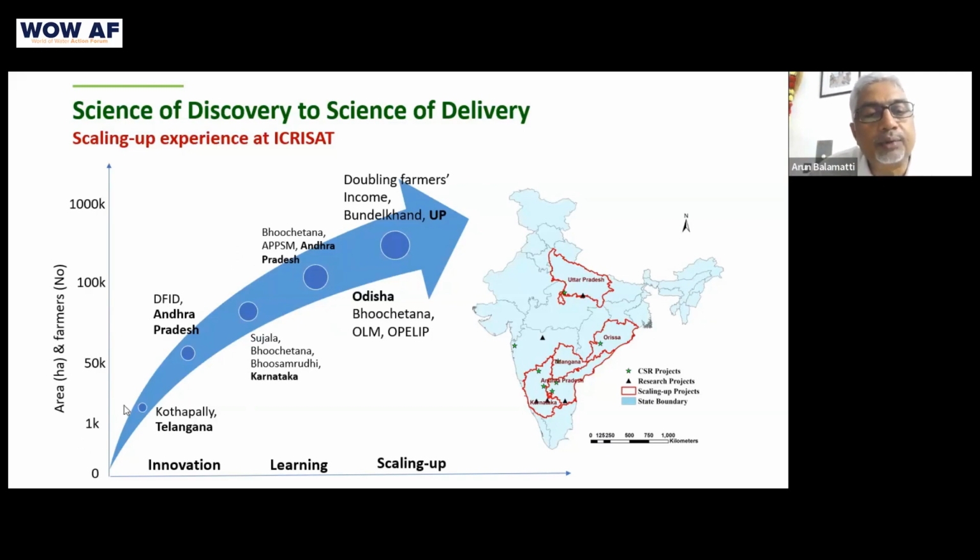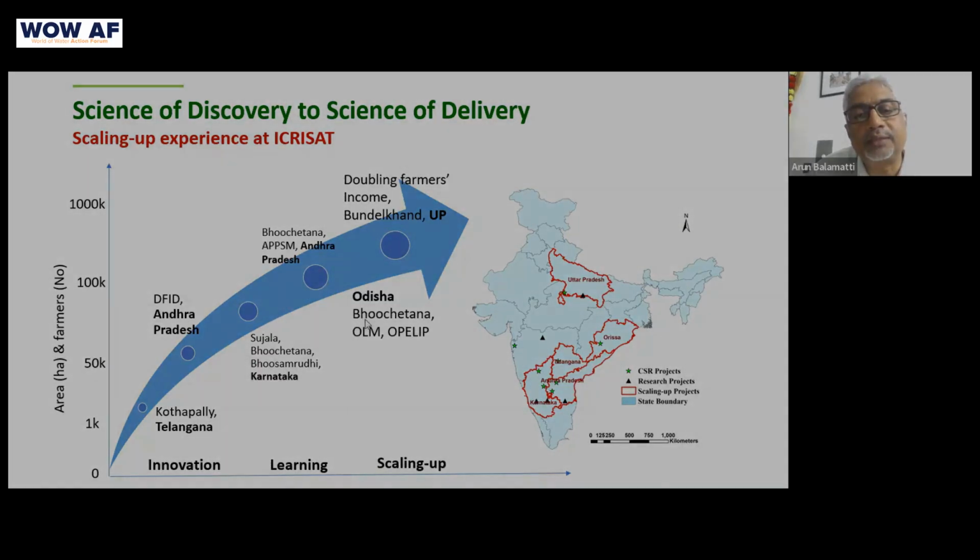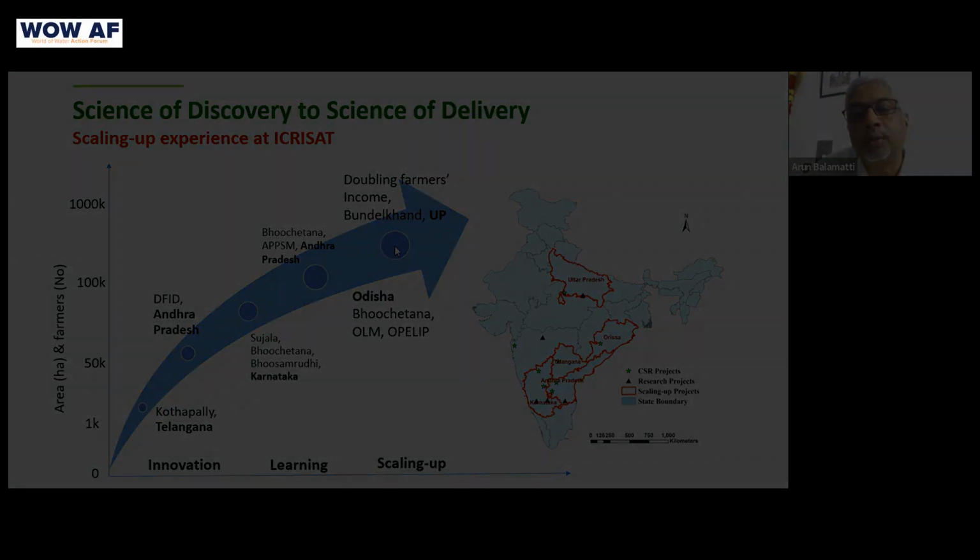Then we got into this DFID funded project in Andhra Pradesh, which gave us an opportunity to work in the World Bank funded Sujala, Bhu Chaitanya and Bhu Samriddhi projects in Karnataka. The success of this project has led us to replicate these projects in Andhra Pradesh, now Odisha, and even Uttar Pradesh.